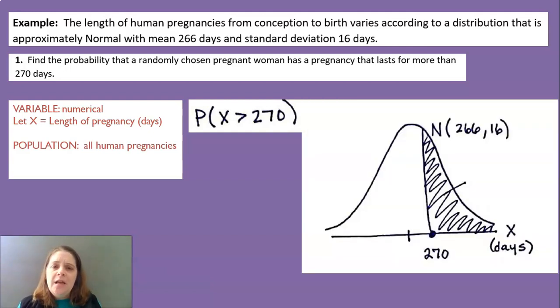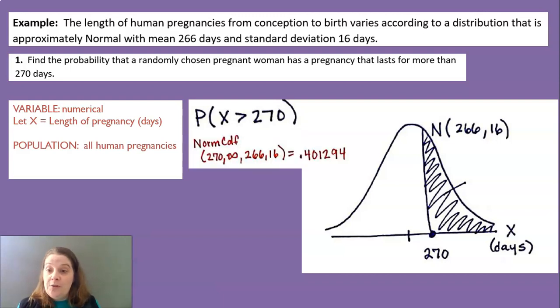All right, so what do I know? According to the problem, it's approximately normally distributed. It has a mean of 266 and a standard deviation of 16. The variable X is days, and 270. So this is like the first section of chapter 5.1 and 5.2 here. I'm going to go ahead and use my calculator, normal CDF.